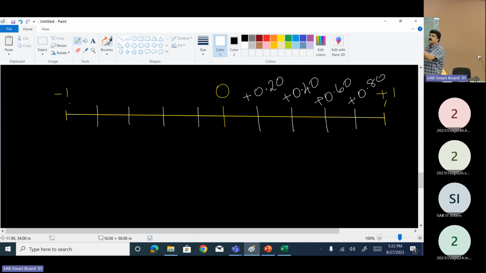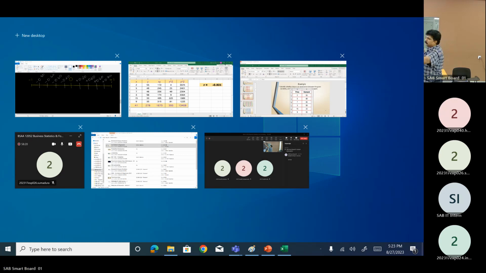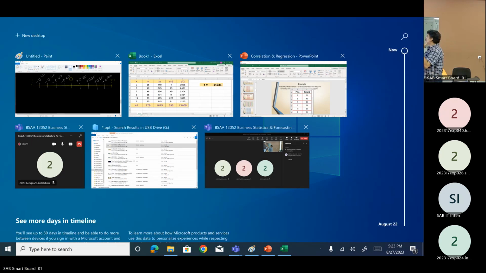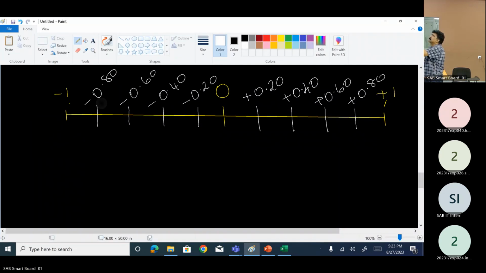This side you get minus 0.20, minus 0.40, minus 0.60, minus 0.80. Right, so you take the full length, minus 1 to plus 1, divide into 2, so middle value will be 0, each part you divide into 5 equal.